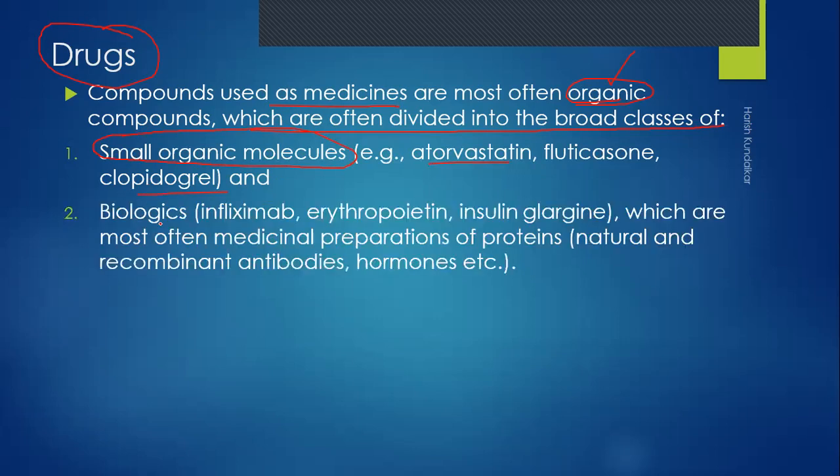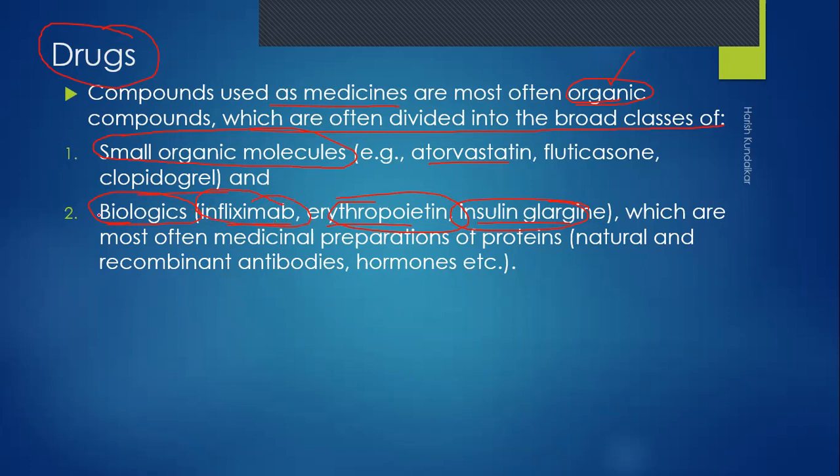Then we have biologics. Biologics is a newer class of drugs that has come up. Here we have infliximab, erythropoietin, insulin glargine. Insulin glargine is a type of insulin, a biotechnologically derived product. Infliximab is a monoclonal antibody, which is again a biotechnologically derived product.